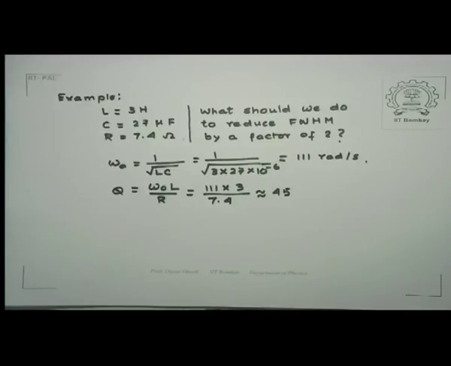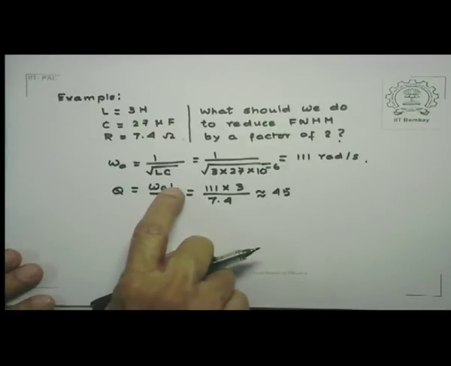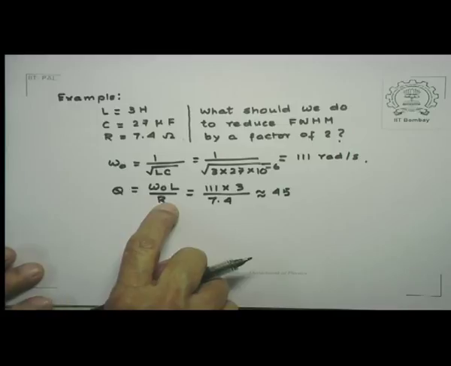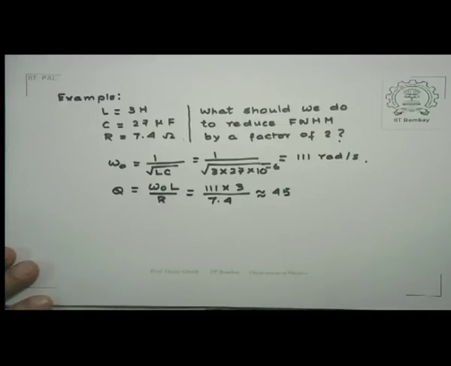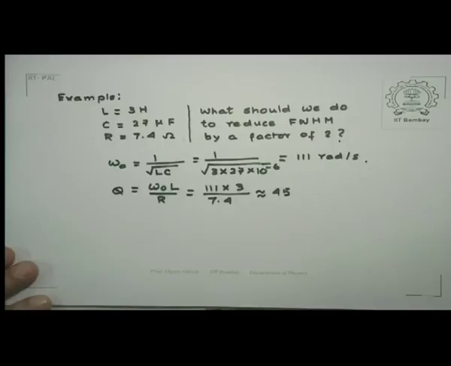So if I recall that the expression for Q is omega 0 L by R, one of the possibilities would be to reduce R, because I want to double Q, which is the same as reducing the full width at half maximum by a factor of 2.